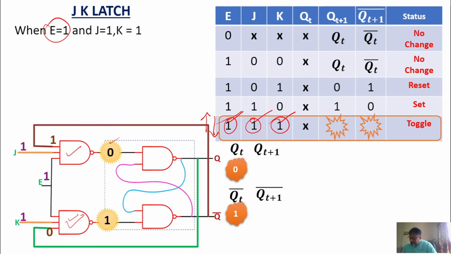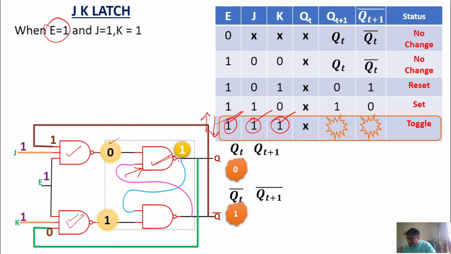Now you see what is the output of these gates now. One of the inputs to this gate is 0, right? The moment one of the inputs to this gate is 0, irrespective of what the other input is, the output will be 1 here.